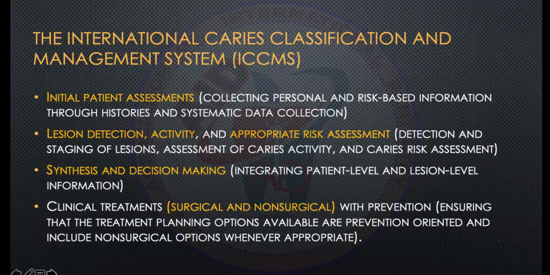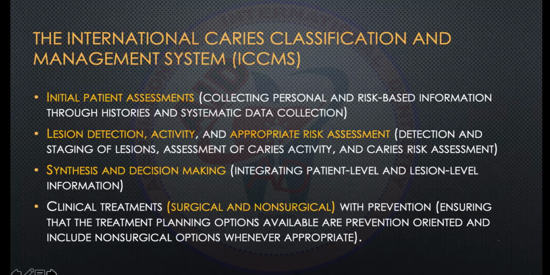And according to this system, the International Caries Classification and Management System, first of all, we look at the patient, we collect the personal data, we go for the history of the patient and all that. And then we check for lesion detection, where the lesion is, how active the lesion is. And then we stage the lesion, in which stage of cavitation this lesion is.